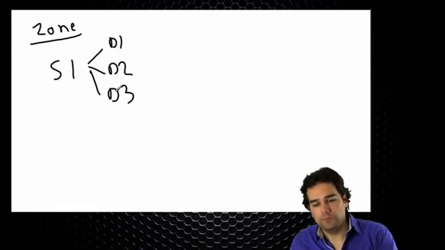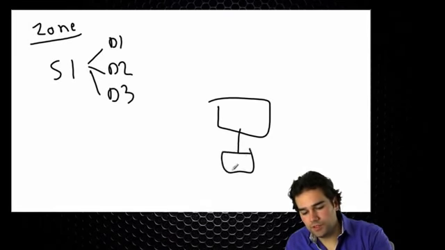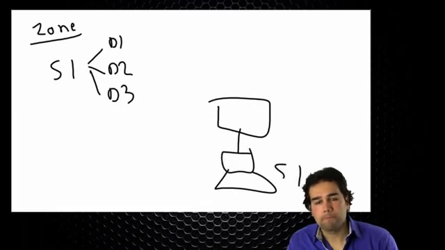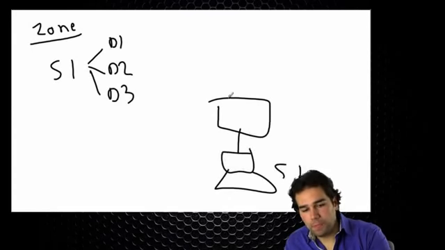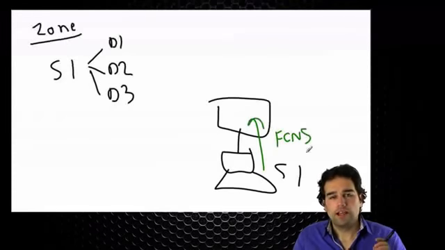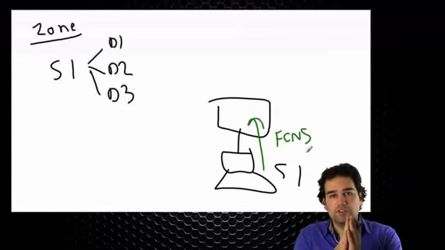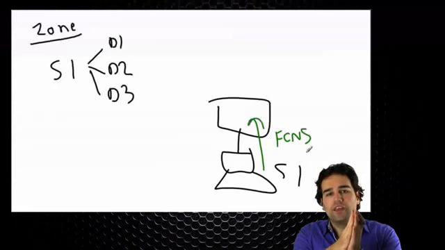So what you can do now is, if I have my host, my server 1, and I do a name server query, so I query the fiber channel name server, I can do that with some kind of a wildcard. I can ask the fiber channel name server, what do I have access to?